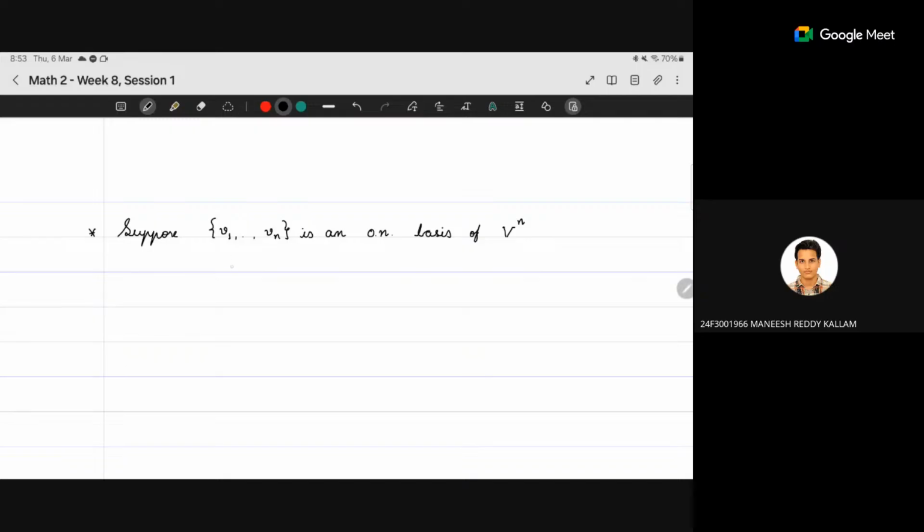Now, if I take an arbitrary vector V, what is it that I can write it as? Yes, I can write it uniquely as a linear combination of vectors from this basis. So it's like C1 V1 plus C2 V2 plus up to Cn Vn.